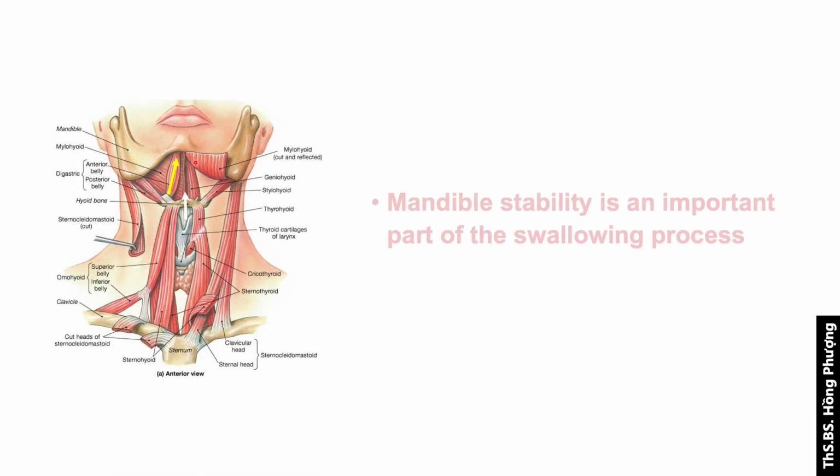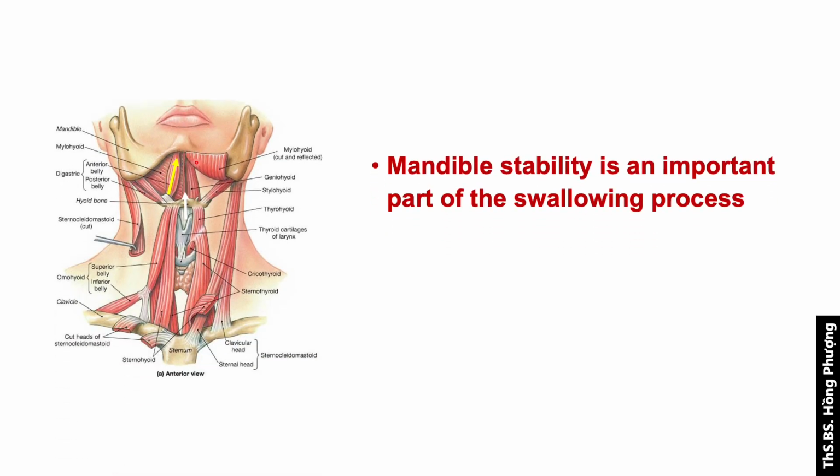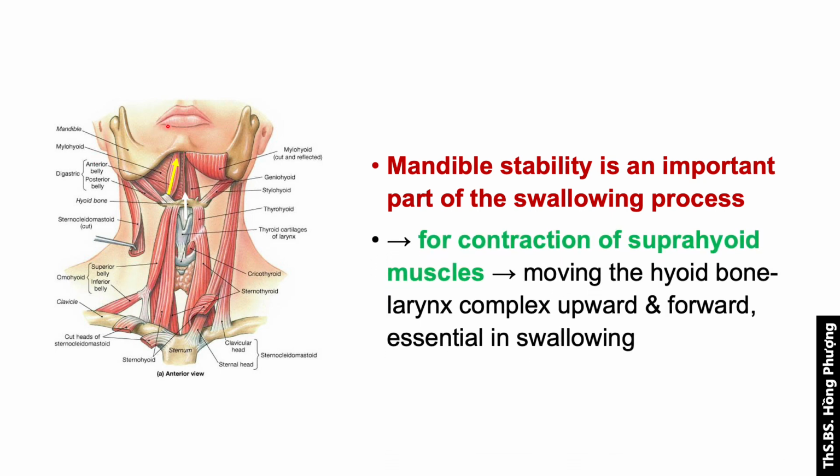In normal swallowing, the mandible should be stable. Mandibular stability is an important part of the swallowing process. It allows the suprahyoid muscles to contract and move the hyoid bone and larynx complex upward and forward, which is essential in swallowing.